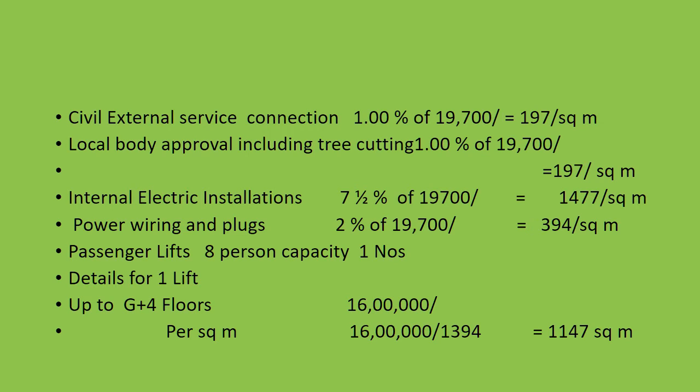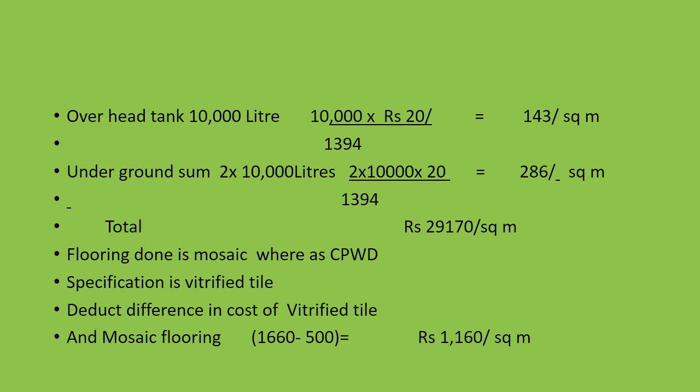The cost of the passenger lift, 16 lakhs, is divided by the total built up area to find the share per square meter. Overhead tank, 10,000 liters. Underground sump. So the total works out to 29,170 per square meter.